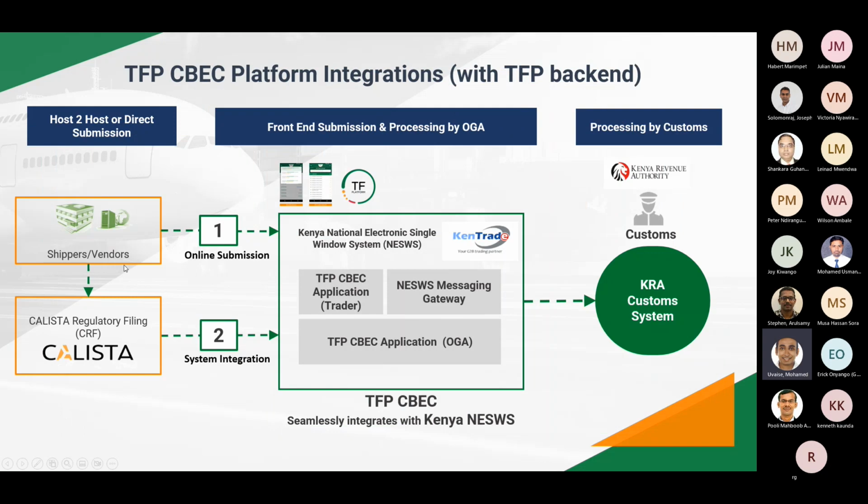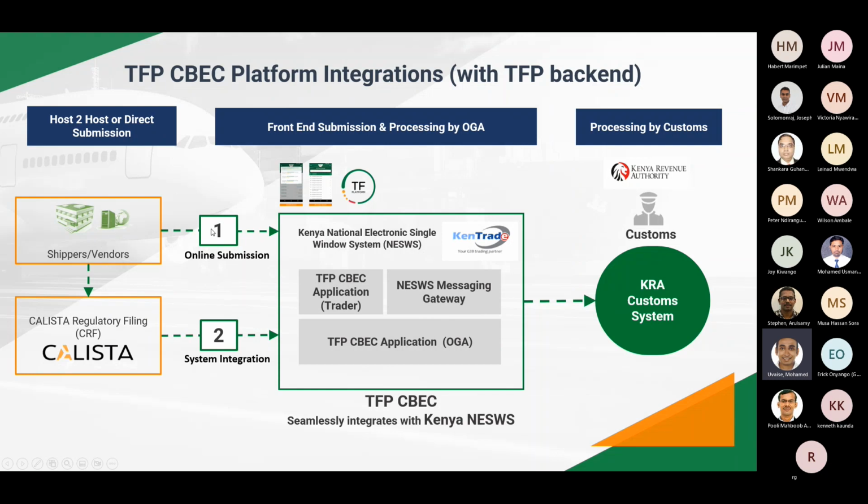Before we go into the demonstration, this is a flow of how data would flow from the different stakeholders right up through the CBEC application to customs. On the left, you would see shippers or vendors.